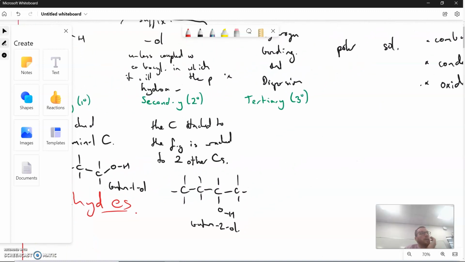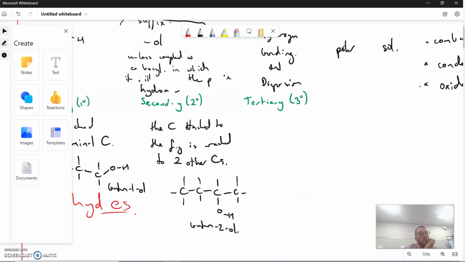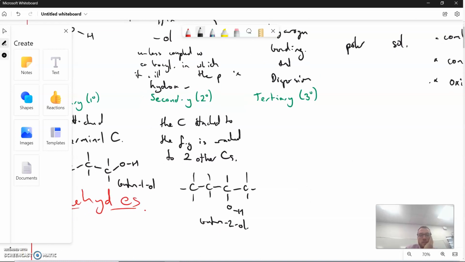And what do you think tertiary will be? 3, yeah. 3 carbons. So essentially, this is when the hydroxyl functional group is attached to the same carbon within a chain that has a branch coming off it.